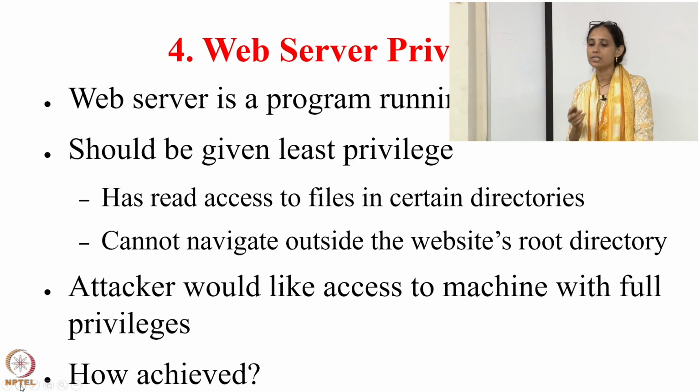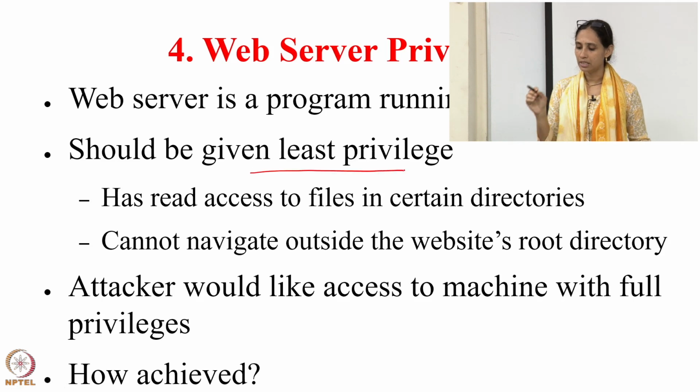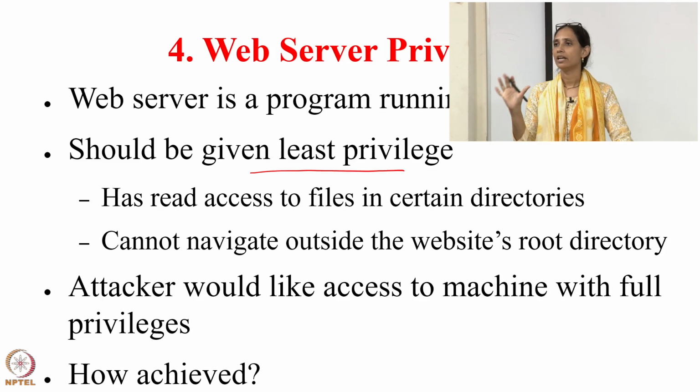Now how these attacks typically happen, we will see, but the defense often is that you should always give the server the least privilege possible, because even if the server is hacked, you are still somewhat safer. So the way this is done is, you say the server can only access files in this folder, it cannot access anything outside this.